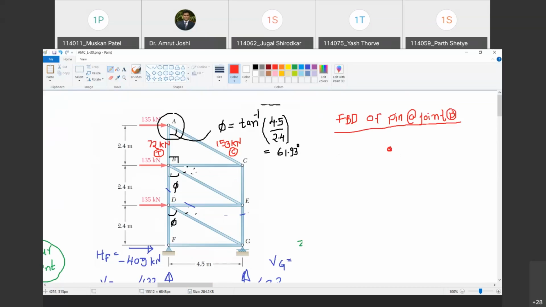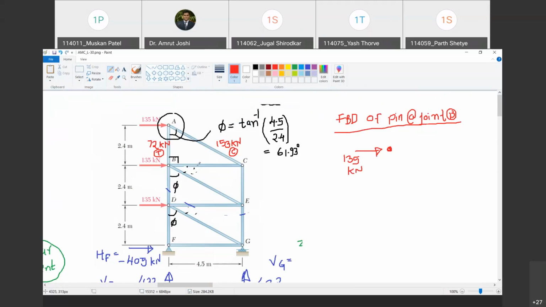So what are the external forces on pin at joint B? 135 kilonewton. Is it external? Yes, sir. So I have to show this as 135 kilonewton. Mind you, whenever you are writing down the answer, units and sense is absolutely important. Are you with me? Yes, sir. Similarly, when you are writing down the member forces, unit and sense, nature of the force, whether it is compressive or tensile, is important. Now at joint B, you have this 135 kilonewton.